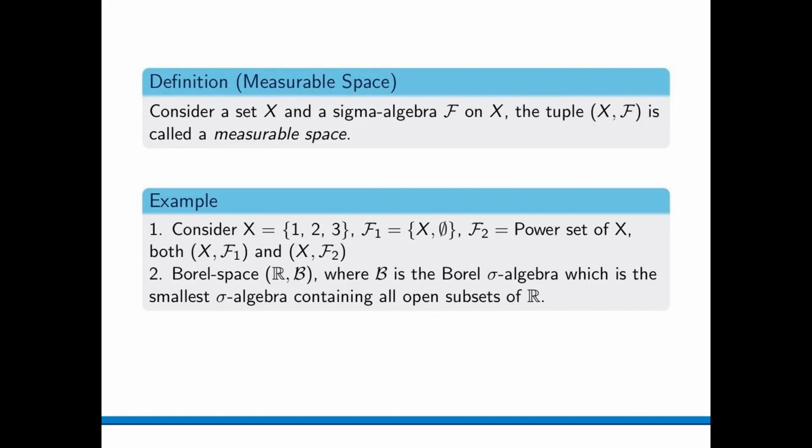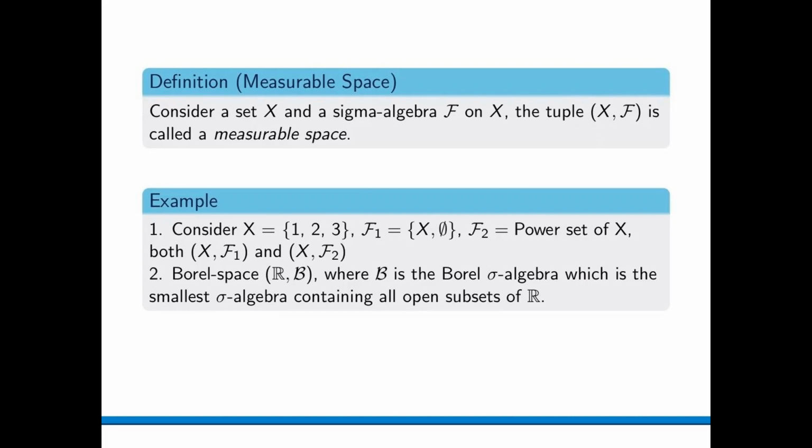The first example is that the set X contains three elements, and the first sigma algebra on X is the universal set and the empty set. The first measurable space consists of the set X and the sigma algebra F1.